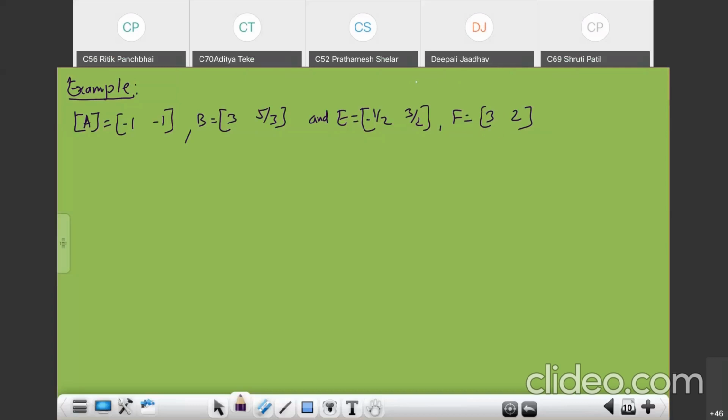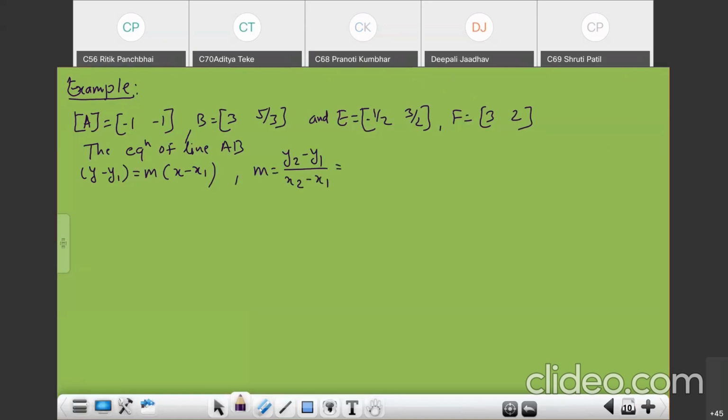Similarly E and F. To show that the resulting lines are also intersecting each other, we first find the equation of line AB, using the simple method y minus y1 is equal to m into x minus x1. First we need to find m, that is the slope. So slope is equal to y2 minus y1 divided by x2 minus x1.